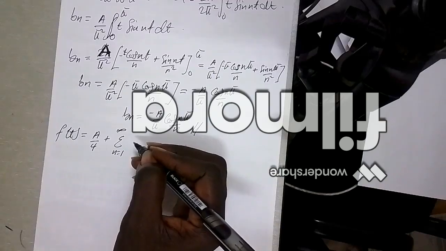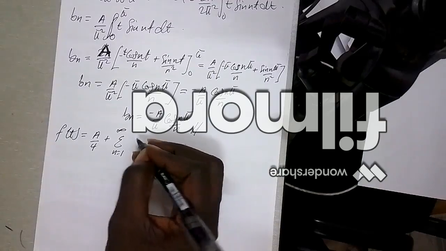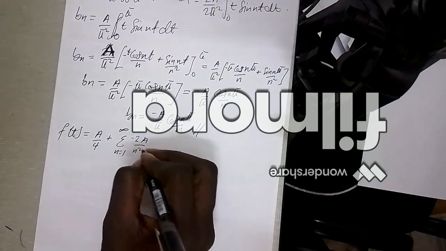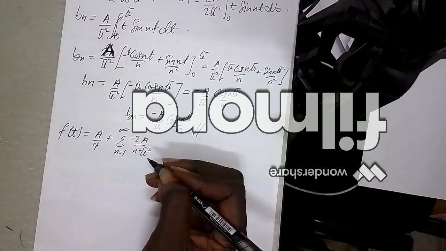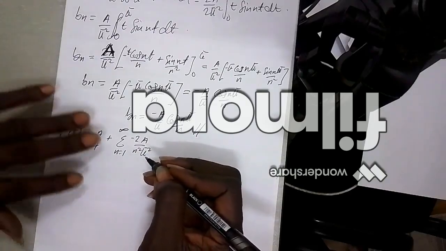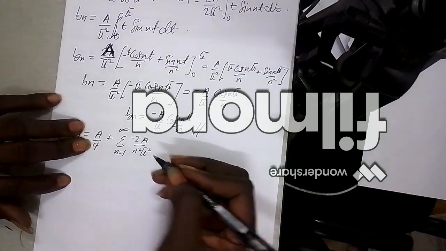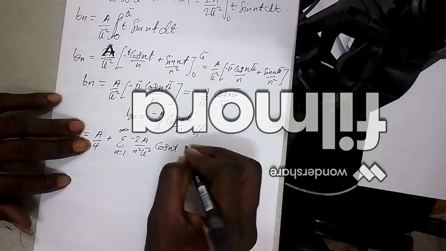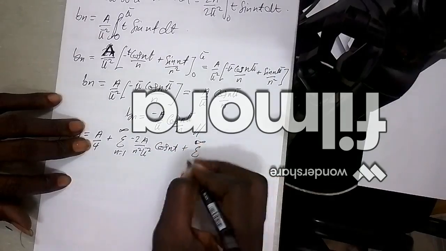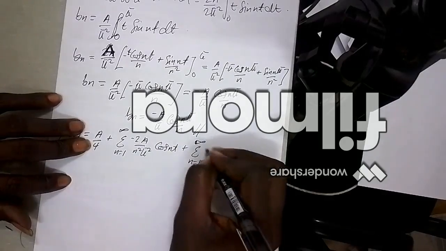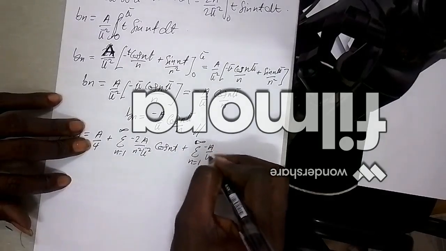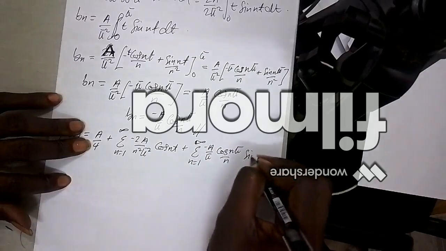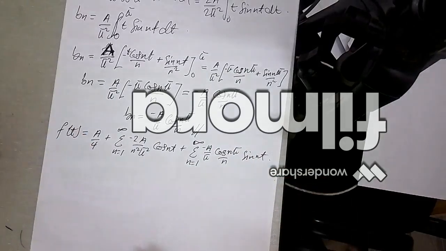What I got for an was minus 2a over n squared pi squared, into cos nt, plus another summation, n equals 1, where I got minus a over pi, cos n pi over n, sine nt. So this is what I have.